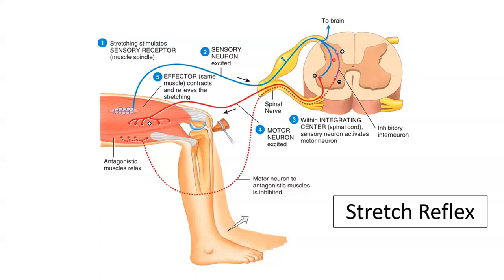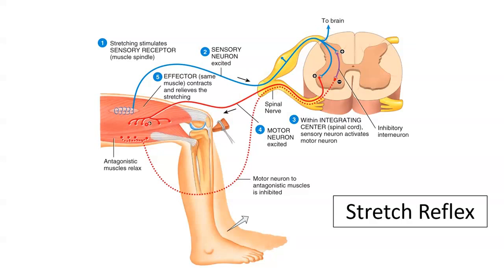Now, this sensory neuron can synapse directly with a motor neuron. That motor neuron carries the motor information back down to the same muscle. And what it tells that muscle to do is actually contract. So when a muscle contracts, it gets shorter, and it's the opposite of stretching. So it relieves that stretching. So this part here can be one of our reflex arcs.